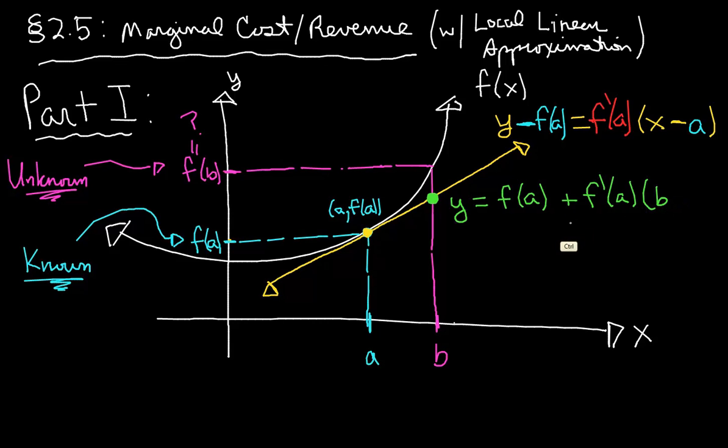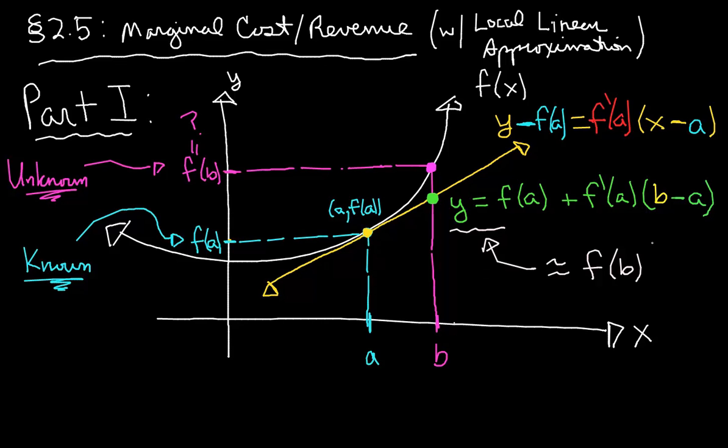times b minus a. This is the x value we plug in to this linear function. And we're going to call this thing our approximation for f of b, in other words, for this pink point.